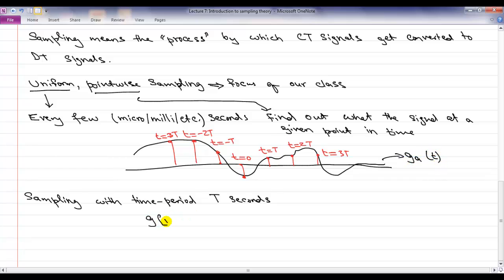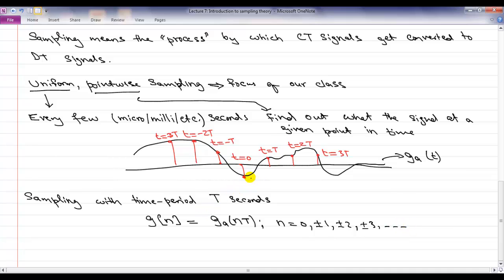You construct a sequence g[n], which is simply asking what is the value of the signal at g_a(0), g_a(T), capital T, g_a(-T), just like this. So it computes this value for 0, plus minus 1, plus minus 2, and so forth.